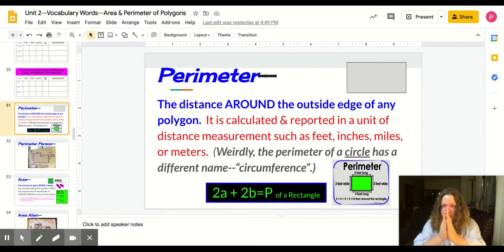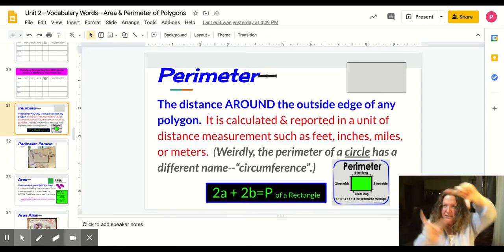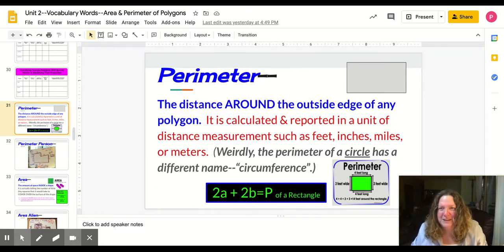Again, they're squished right next to each other. There's an invisible times sign, 2 times B, 2 groups of B. So if you want to find the perimeter, you could add, or you could take 2 groups of one side. This is a rectangle, remember, 2 groups of one side, plus 2 groups of the other side. That's the formula for finding the perimeter of a rectangle.